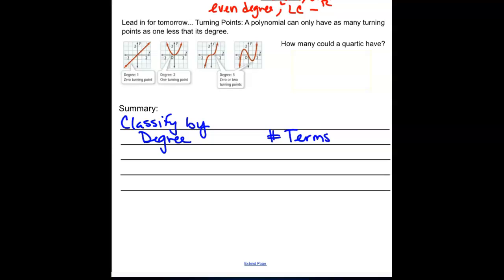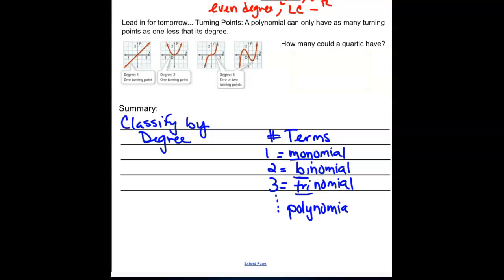Number of terms is we have fewer options. 1 term is called a monomial, mono meaning 1. 2 terms is a binomial, bi meaning 2. 3 terms is a trinomial, tri meaning 3. And after that, we just say a polynomial with whatever number of terms. So 4 or 5, 6 terms.